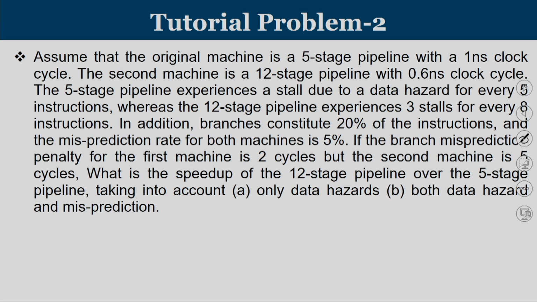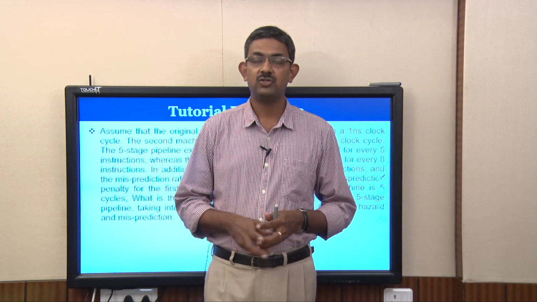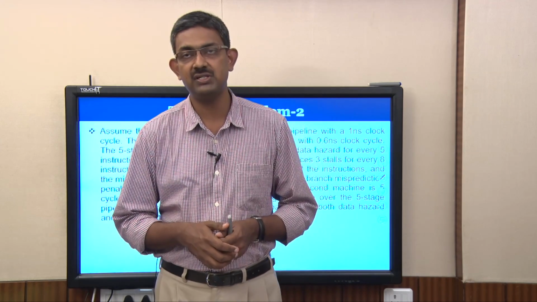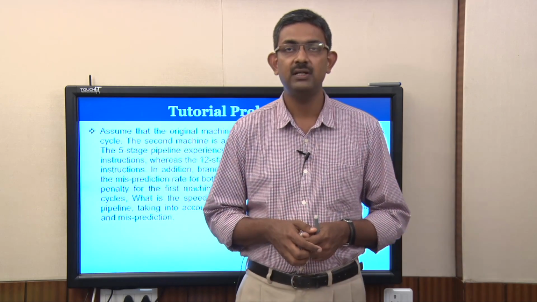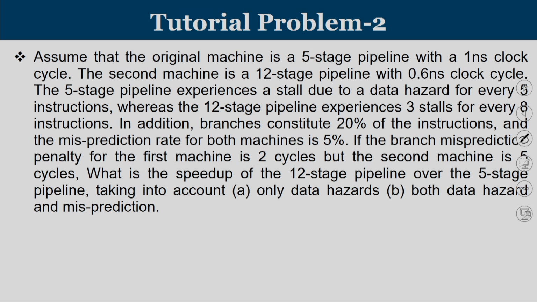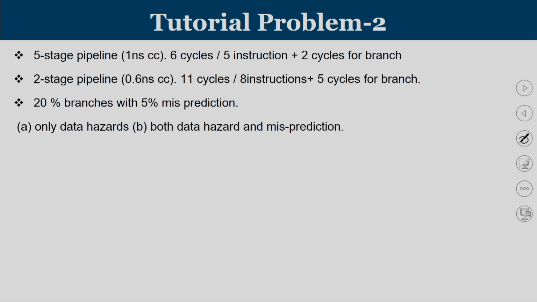These 5% of branches are going to take 2 cycle stall in the 5-stage pipeline machine and 5 cycles stall in the case of a 12-stage pipeline. So considering all these factors, the question that is asked is how much speed up the 12-stage pipeline has over the 5-stage pipeline. So I am just trying to summarize what we have discussed so far.